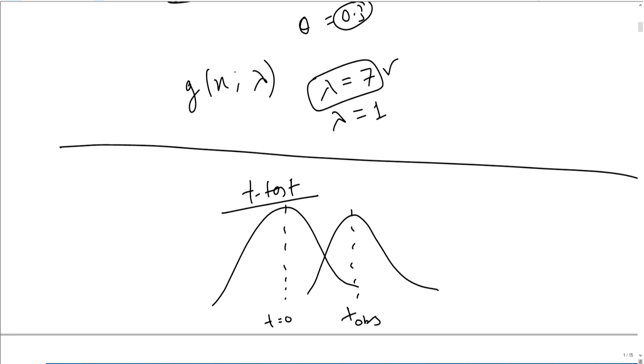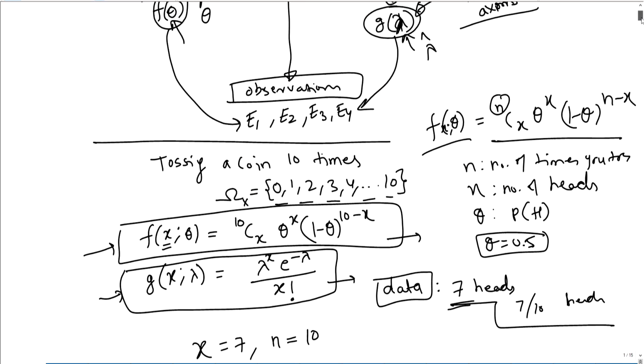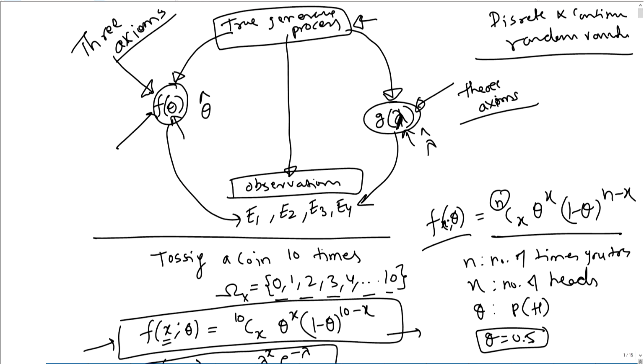This is exactly the same thing that we are doing here. So, f of theta is your alternative hypothesis, and g of lambda is your null hypothesis. That is what we do in a t-test.